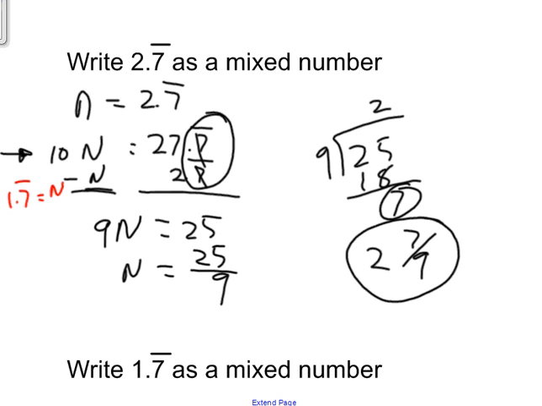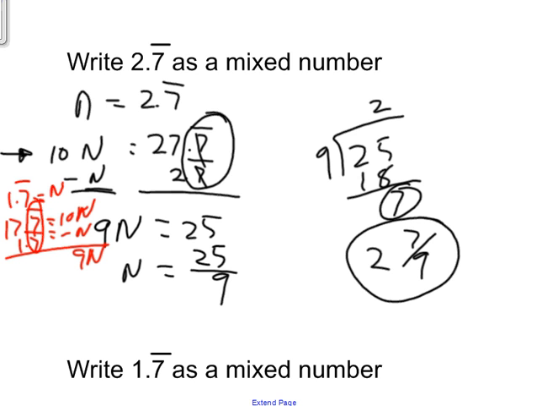I'm going to take 10 times both sides, so I'm going to say 17.7 with a bar is equal to 10n. I'm going to subtract n from both sides, but this time I'm going to use what n is equal to, which is 1.7 with a bar. 10n minus n is 9n. 17.7 with a bar minus 1.7 with a bar.